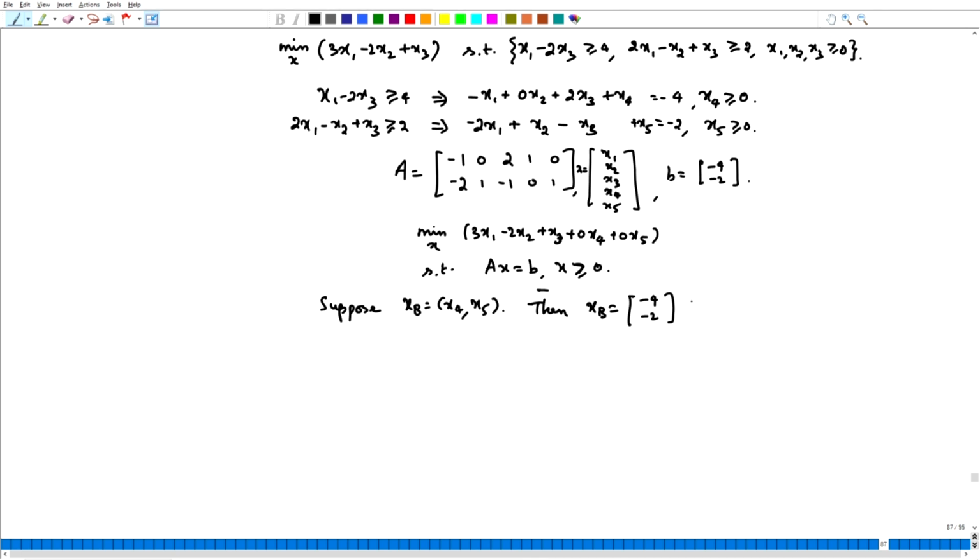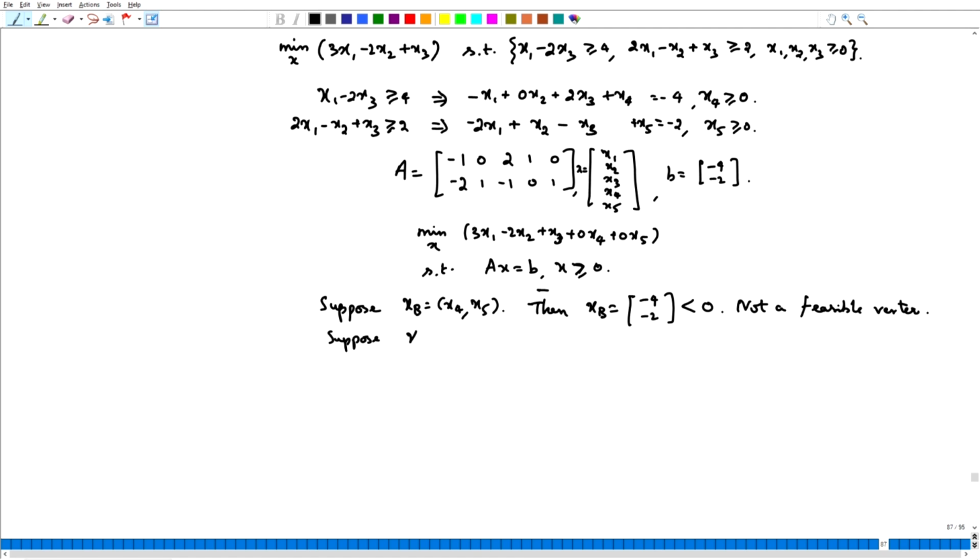This is not greater than or equal to 0, so this is not a feasible vertex. Since b is negative, it would be good to take a negative column. So, let us take the first column, which is both negative.